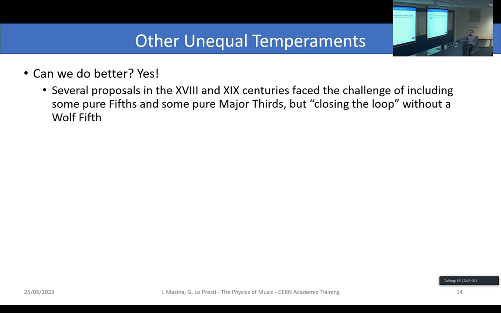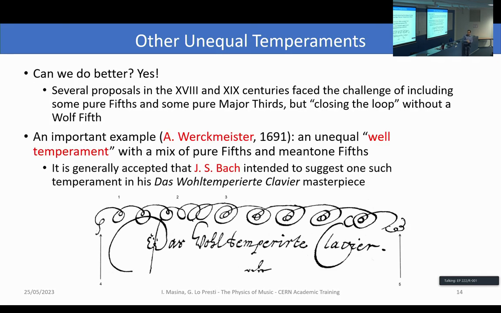And a very notable example comes from Germany, from Werckmeister, because this is an unequal, what at the time was called well temperament, which today is also quite well accepted, that Bach, in his famous Well-Tempered Clavier, or Wohltemperiertes Klavier, has actually used this kind of unequal well temperament.